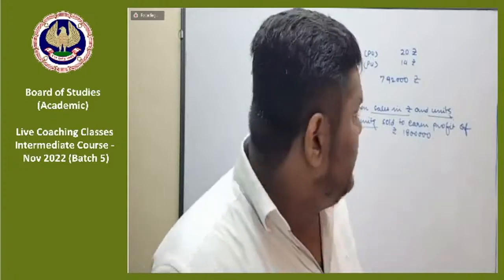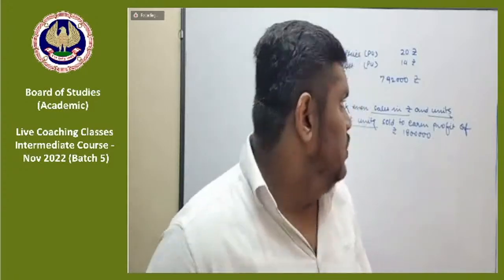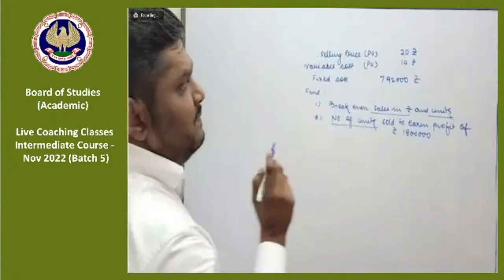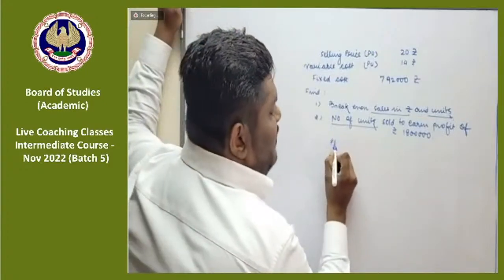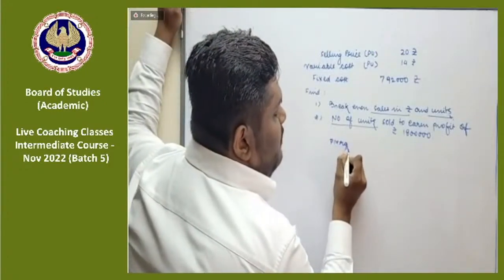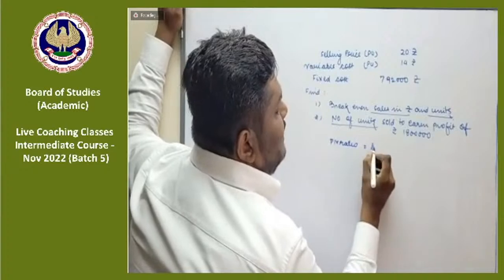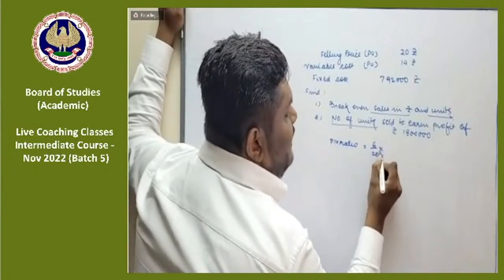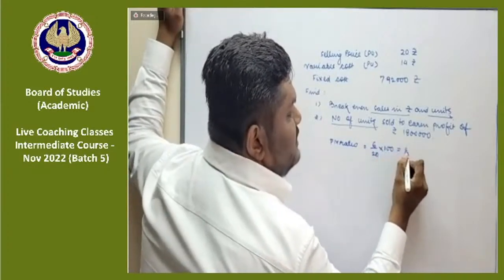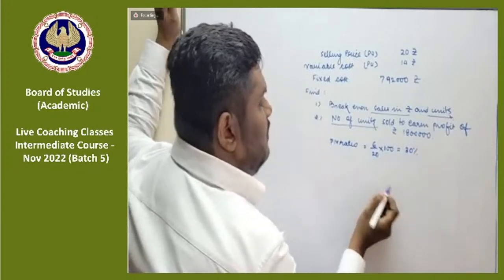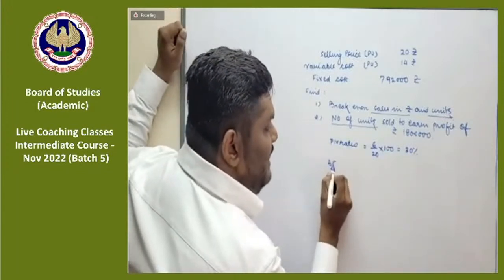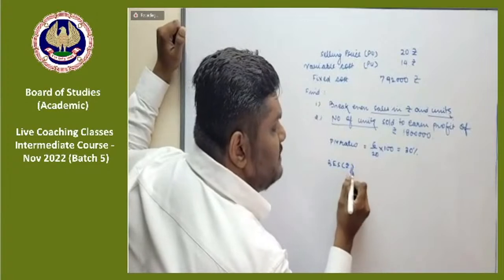No worries, Mangeshwaran. So when talking about this question, my first PV ratio will be how much? That is 6 divided by 20 into 100. So this will be 30%. Now break-even sales in rupees.